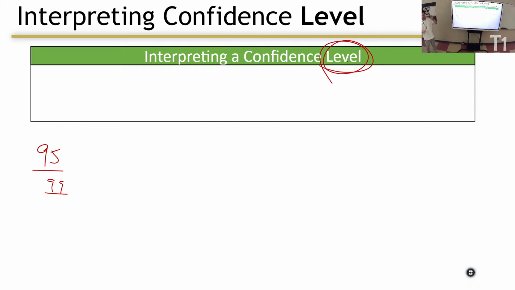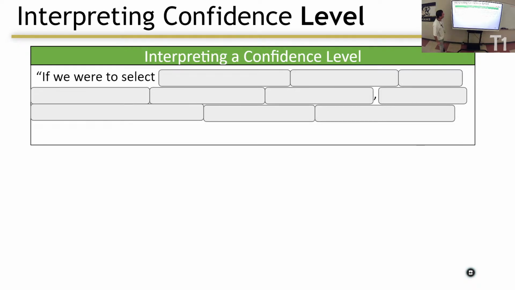And here's what this says. I'm not too sure you want to write it down exactly like I do, because I say it different every single time. But basically, you need something like this. If I did this same process many, many times, over and over again, here's what they said: if we were to select many random samples from the population and construct 95% confidence intervals.